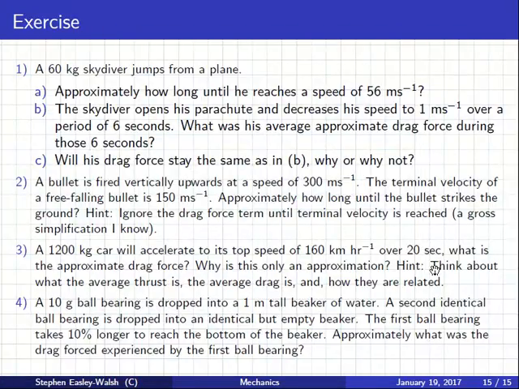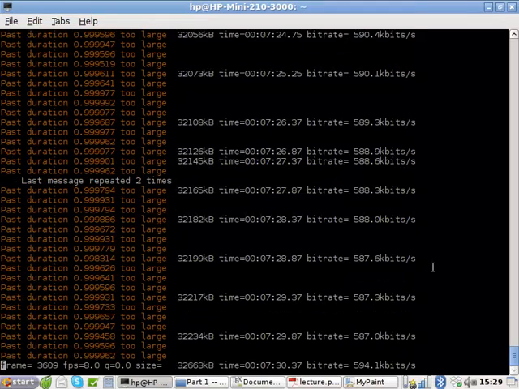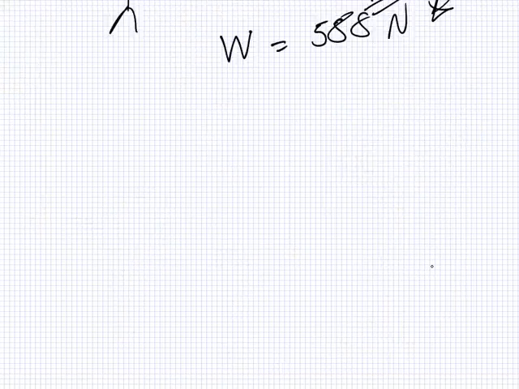A bullet is fired upwards at a speed of 300. The terminal velocity is 150. How long until it hits the ground? Ignore the drag until the terminal velocity is reached. So what I'm saying here is you have a bullet, it's fired at 300 meters per second.